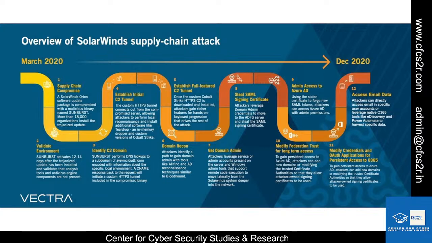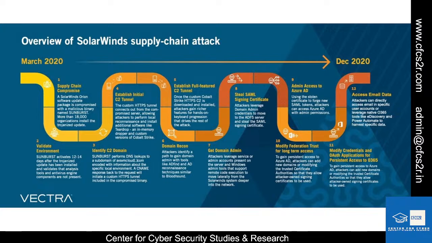The attack started in March 2020 and it executed the entire attack in December 2020. So you can see it's a 9 month timeline that they have used for orchestrating an attack. The first step is supply chain compromise: the SolarWinds Orion software, which is used for network monitoring.